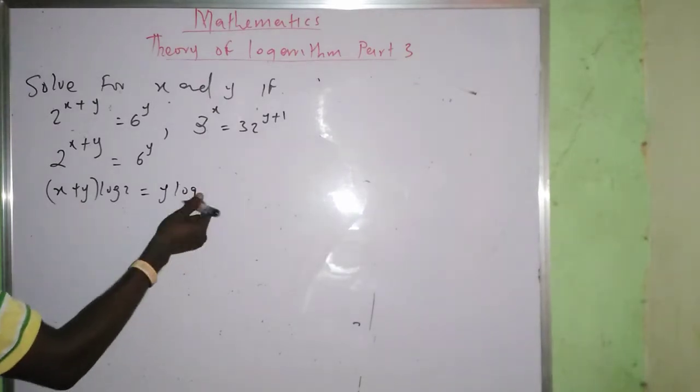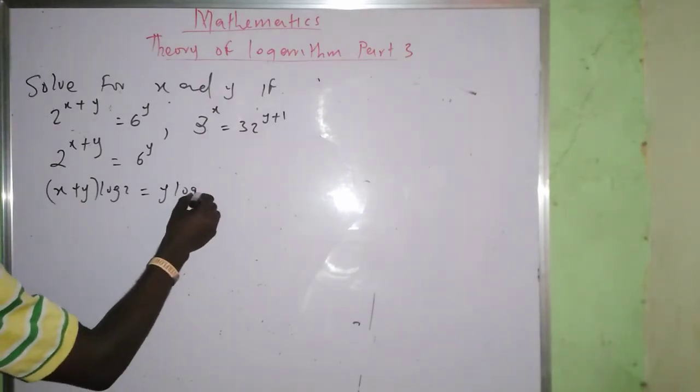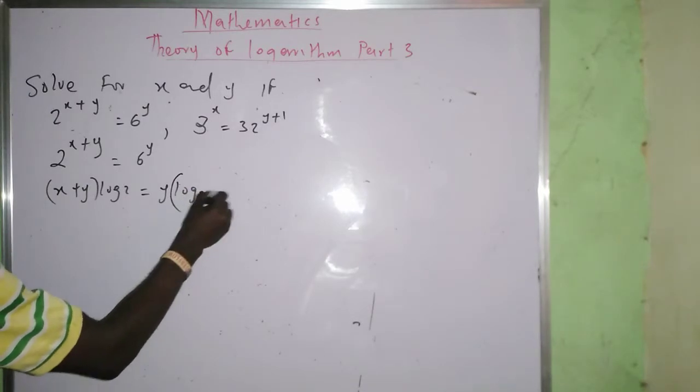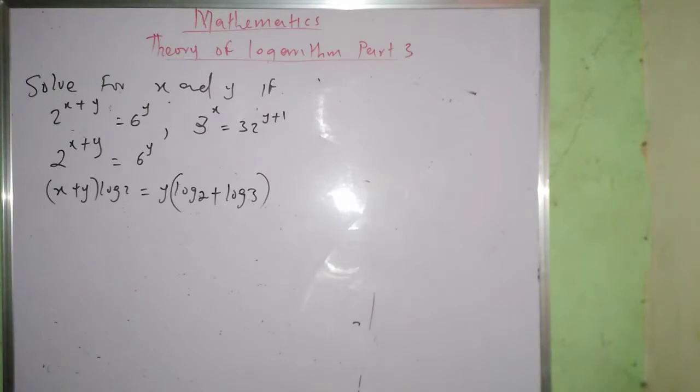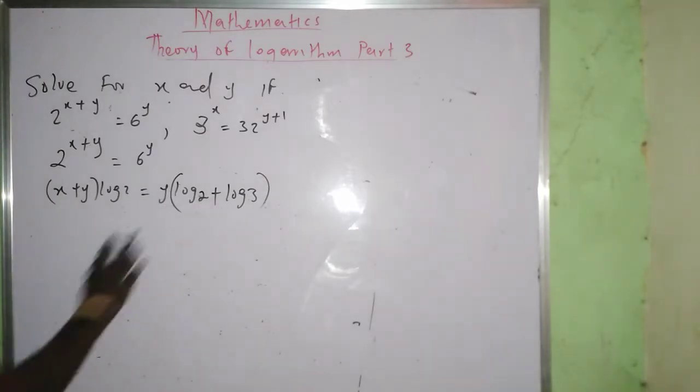Log 6, my log 6 can be, I can say that what? Bracket of log 2 plus log 3, since I'm using log of multiplication.